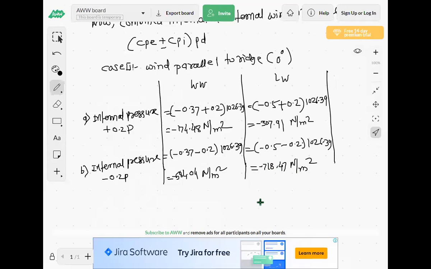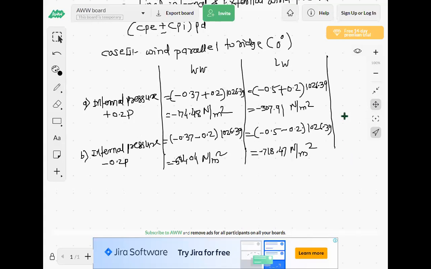Okay. So here we got total 8 pressures, 4 from case 1 and 4 from case 2. So these are the various wind pressures coming on our roof truss. So all having signs negative. All pressures having signs negative.